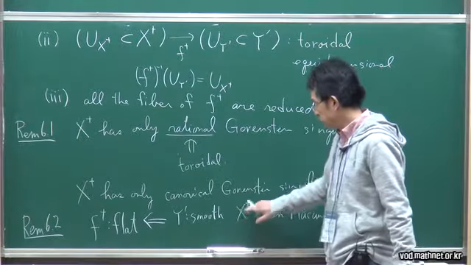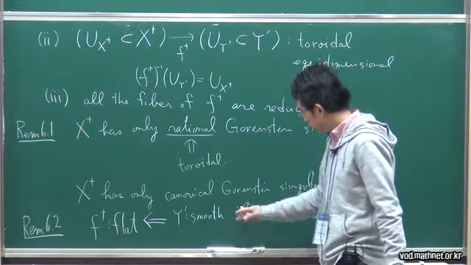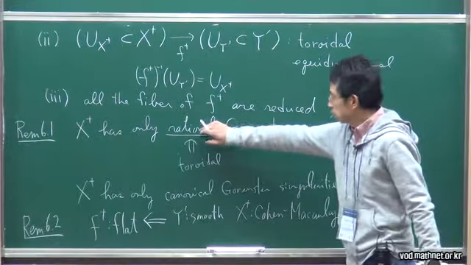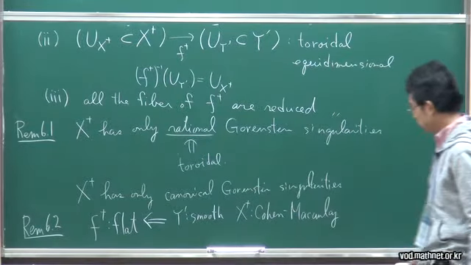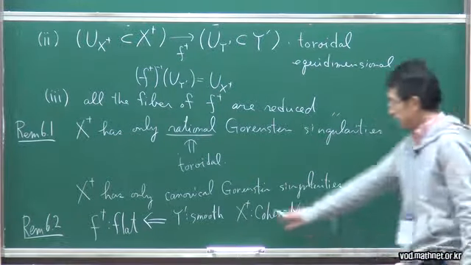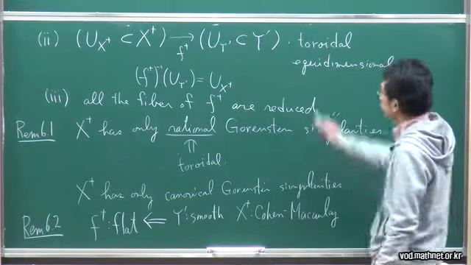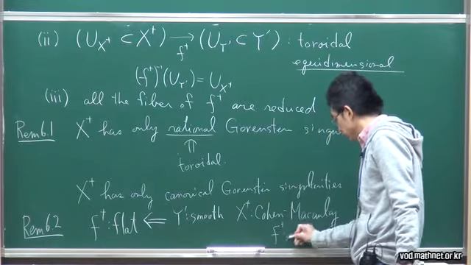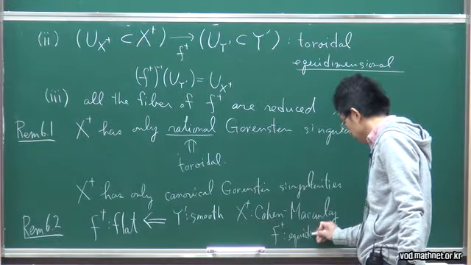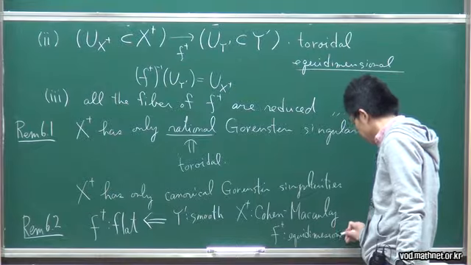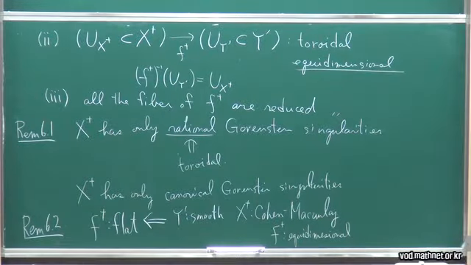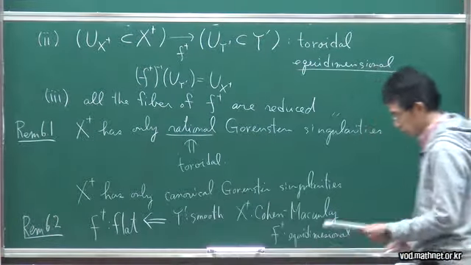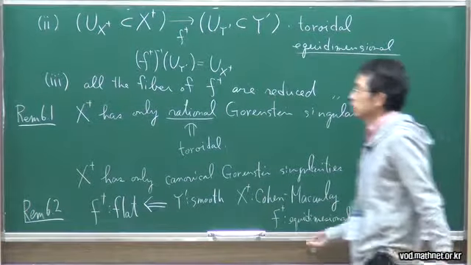It is because X dagger is locally analytically isomorphic to a toric variety, so it only has rational singularity. Rational singularity implies Cohen-Macaulayness. So X dagger is Cohen-Macaulay, and by this condition, f dagger is equidimensional, which means all the fibers of f dagger are equidimensional. Then f dagger is flat.